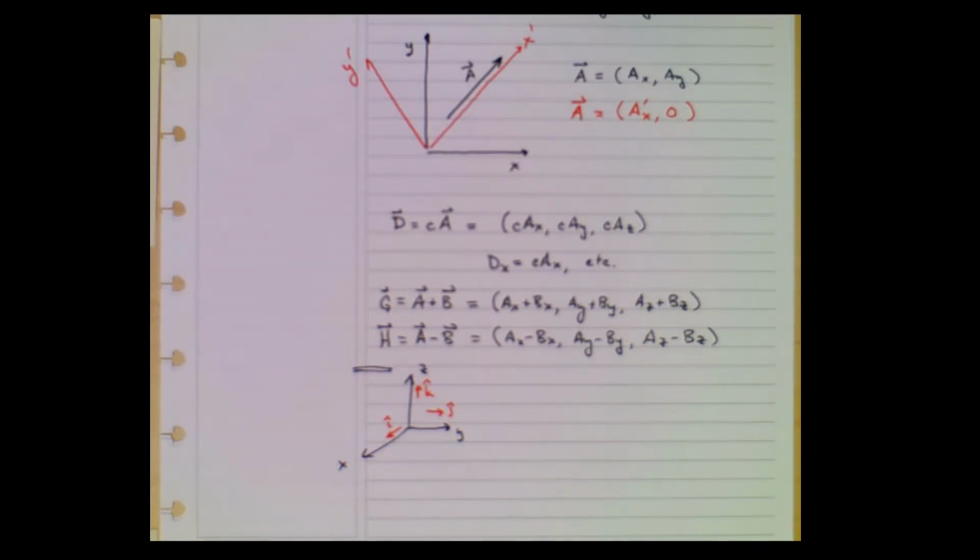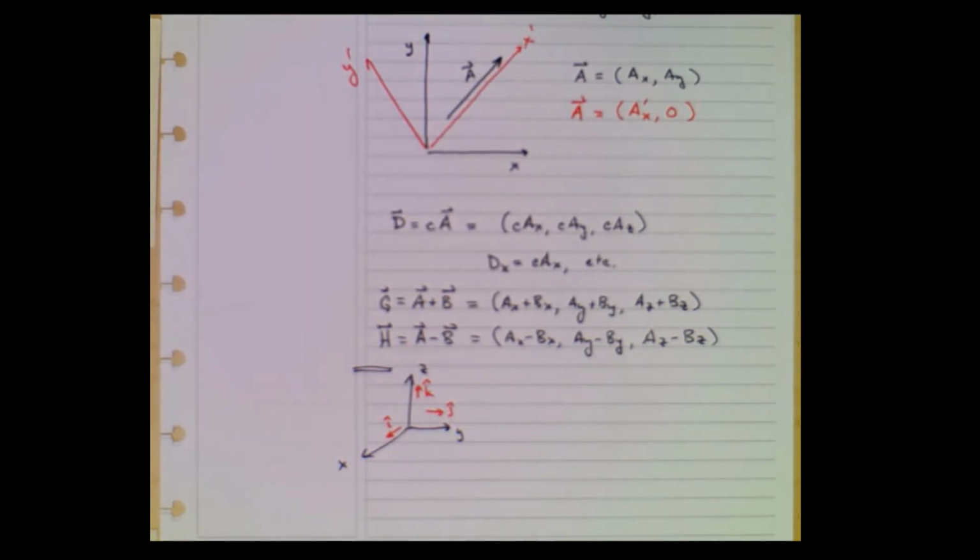So the convention that we will use, and is most commonly employed in physics, is to use I hat, J hat, and K hat. You can remember the order, it's just alphabetical. I hat, J hat, and K hat represent unit vectors pointing in the three orthogonal Cartesian directions.